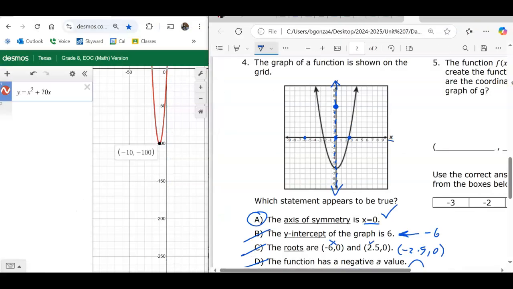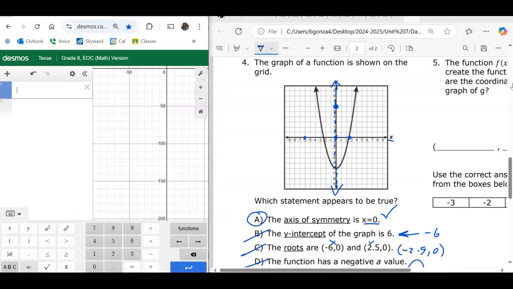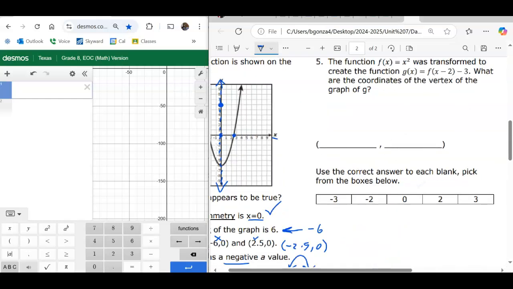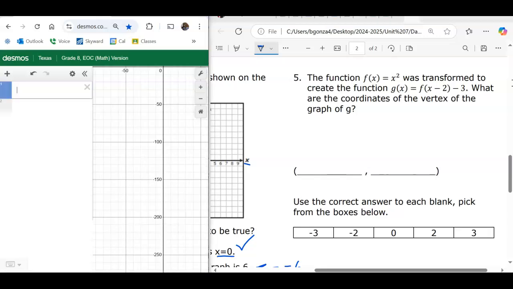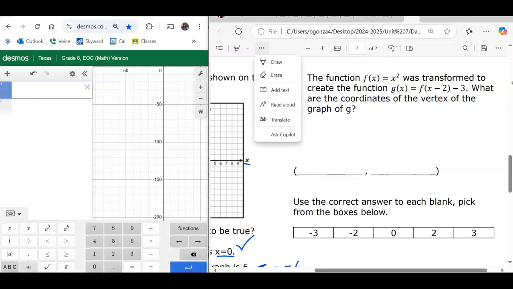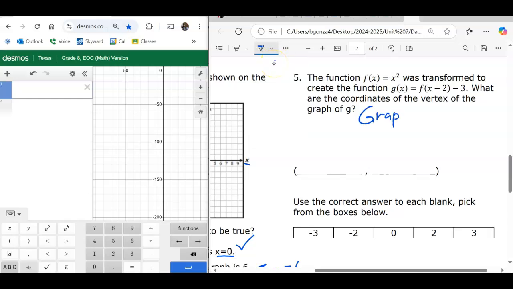Well, like we said before, you can just graph this thing. Let's make sure we graph both. It's very important. If you only graph the second one, it's not going to work.